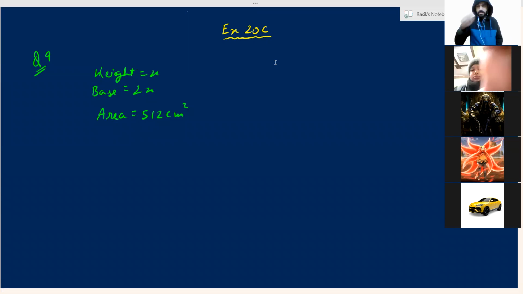Sir, the equation will be 2x into x is equal to 512. Absolutely right.